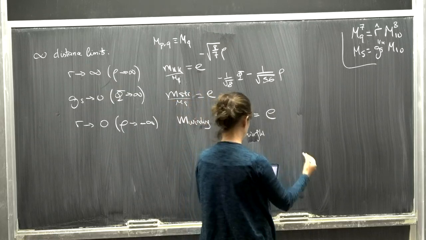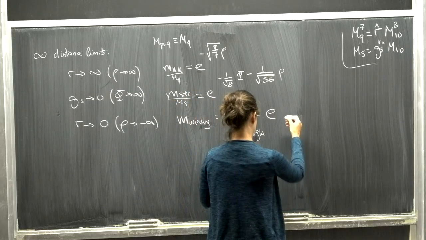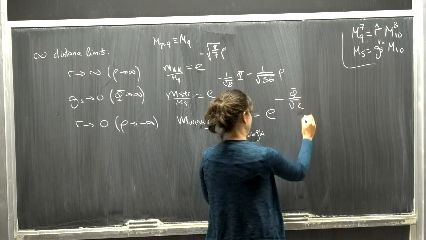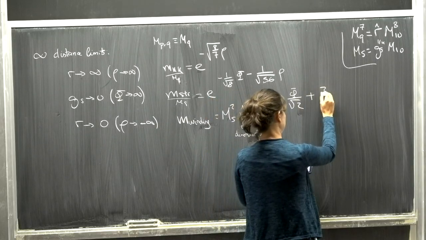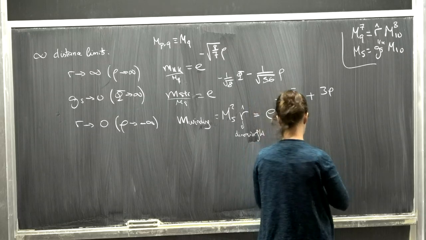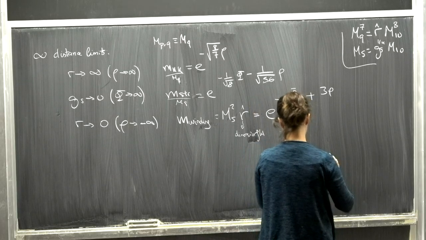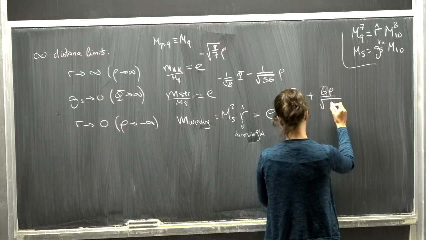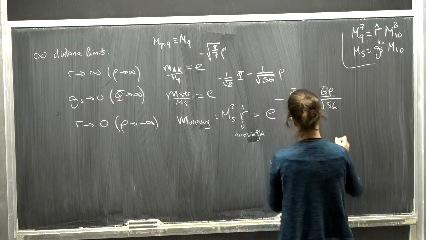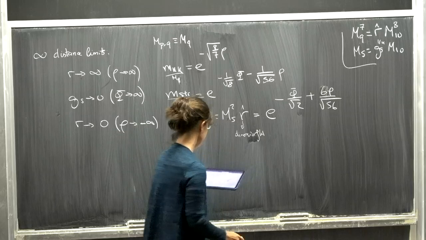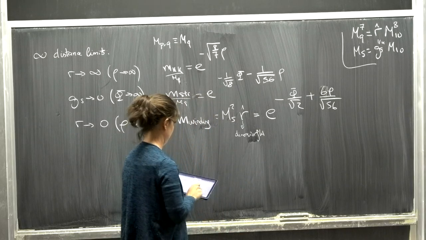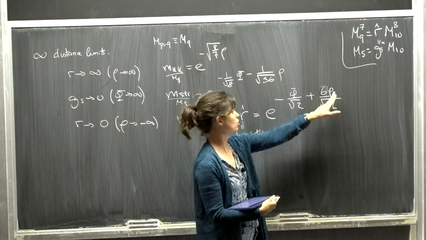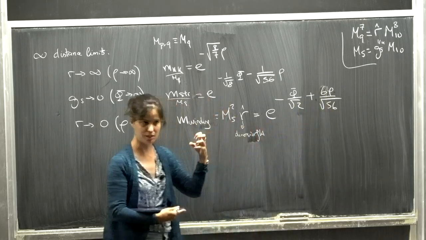In this case, the result is, believe me, but check it at home, 5 square root of 2 plus 3, actually, let's put 6 over square root of 56. Okay. So indeed, now they become light whenever rho goes to minus infinity, when the radius becomes small.